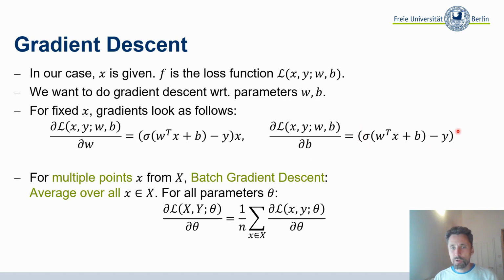I'll show you a link in the description of the video that points you to a derivation of this. For now, you can just believe us. So this gives you, for a given x and the current parameters w and b and the labels, an expression of how to change, and we go minus this direction in our parameters.